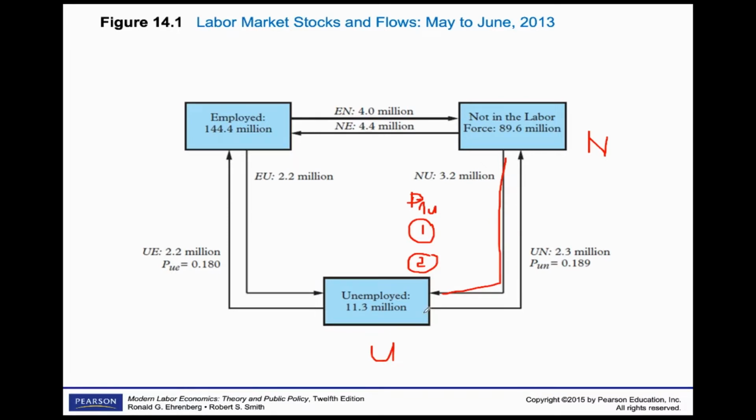While still looking and still not getting a suitable job, they fall into the category of unemployment. So that's another example. So here we have the first two sources of unemployment.